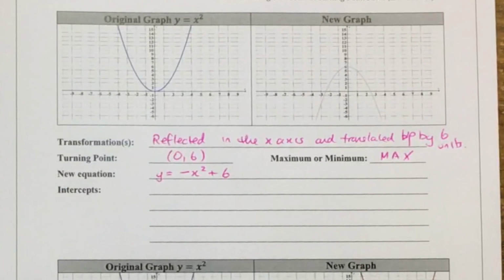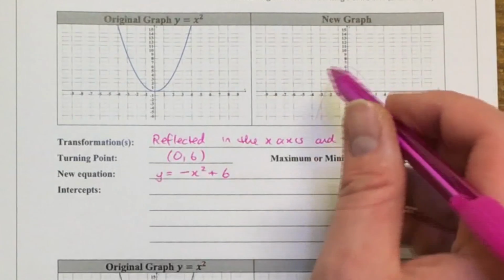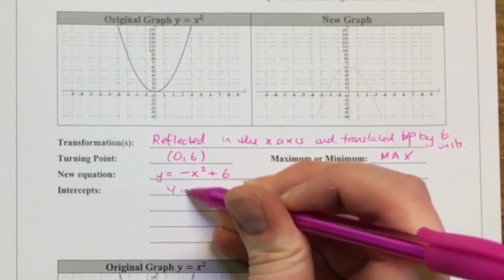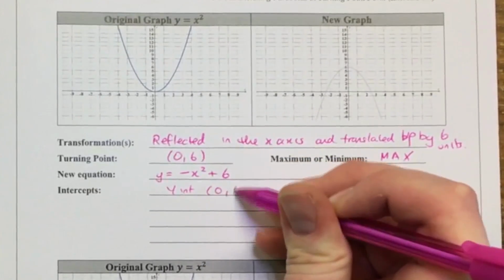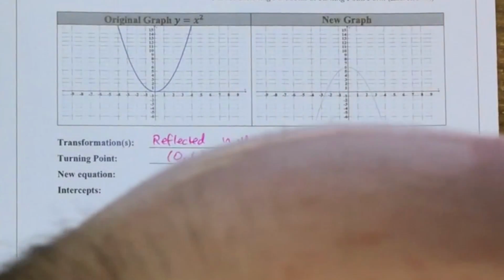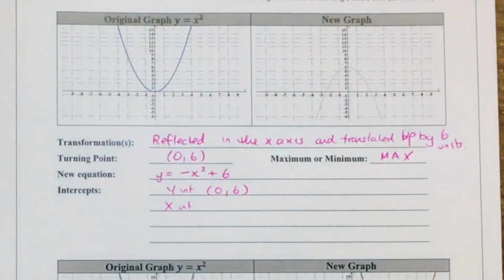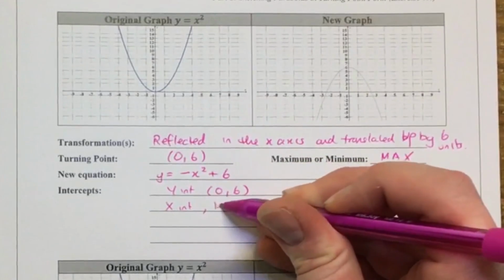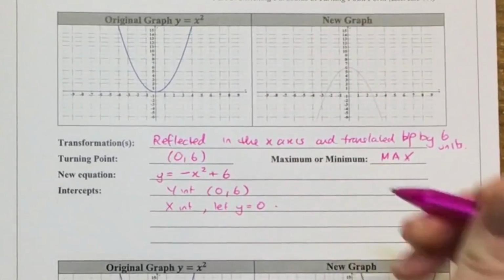Okay. So in this particular case, we can see that there is a y-intercept, like all the other ones, right at the turning point. So the y-intercept is at (0, 6). But of course the x-intercepts might be a little bit hard. It's somewhere between -3 and -2, and somewhere between 2 and 3. So we'll need to let y equals 0.